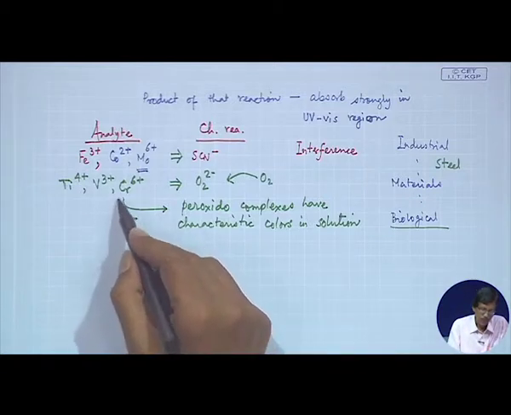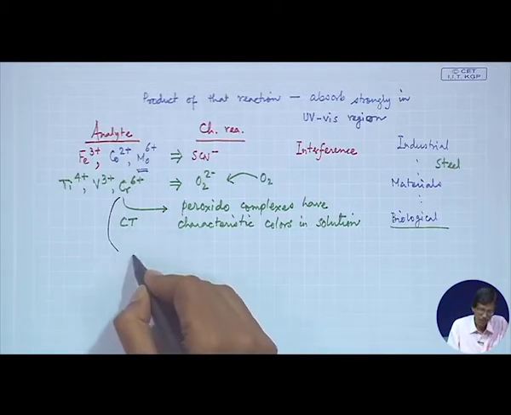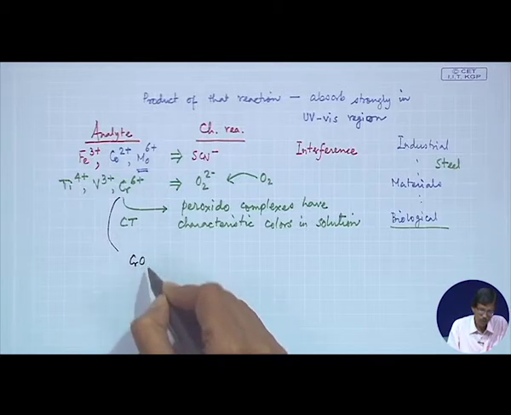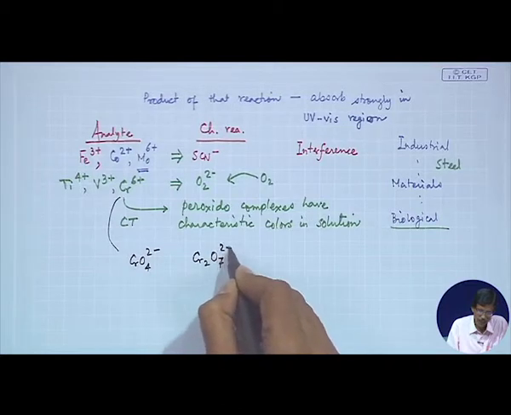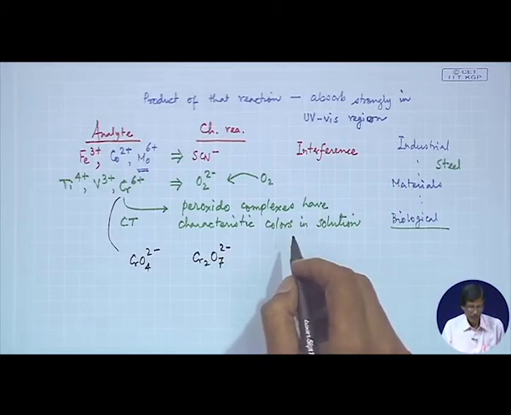And one more interesting species that can be derived from chromium is CrO4 2- and Cr2O7 2-, that we will see right now.